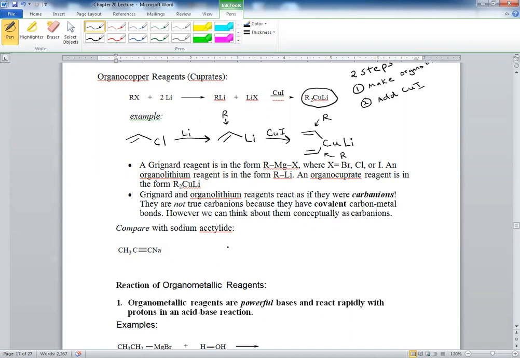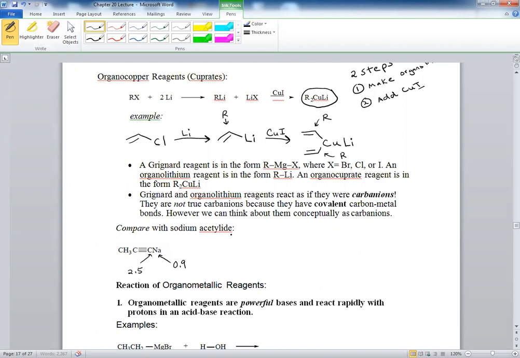So if you recall, carbon has an electronegativity of 2.5. We did this last semester. For carbon it is 2.5, and it is 0.9 for sodium.